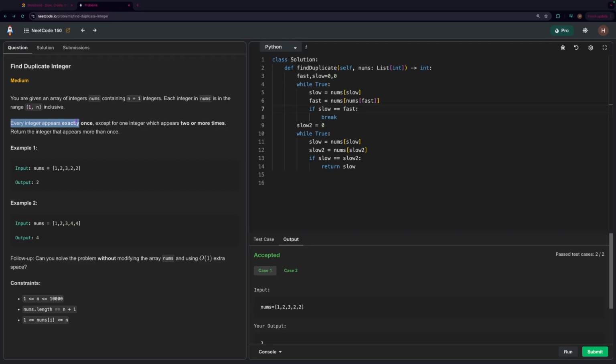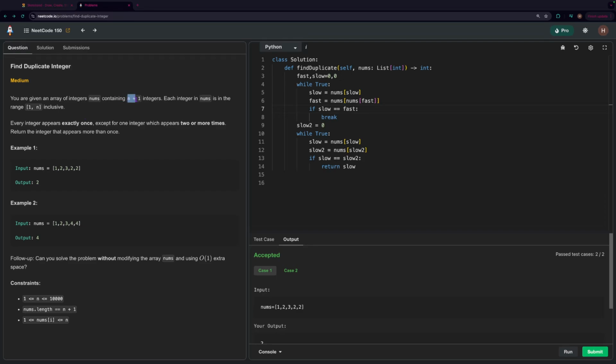But every integer appears exactly once, except for one integer which appears 2 or more times. So basically it's saying that one number in the array has to repeat. And if you just look at it for a second, each integer in nums is between 1 and n.